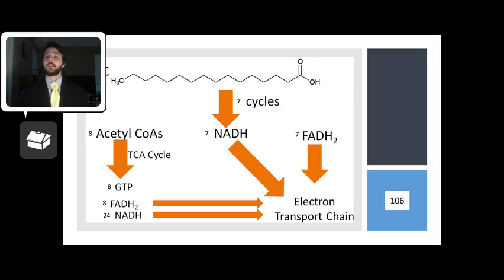The acetyl-CoA will then go back into the citric acid cycle, yielding us 8 GTP, 8 FADH2, and then 24 NADH. And all of these will then be used in the electron transport chain, which helps create our total of 106 ATP being produced from this.